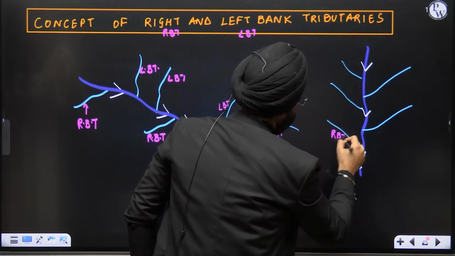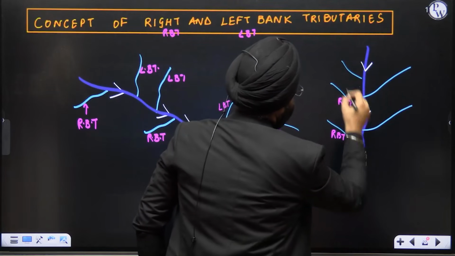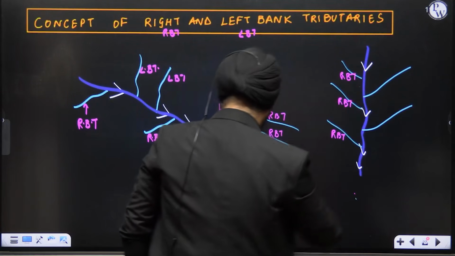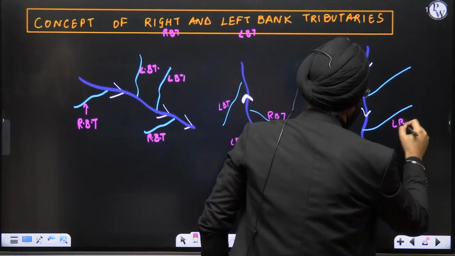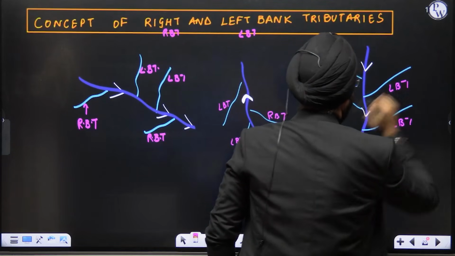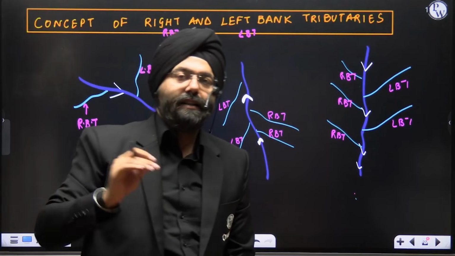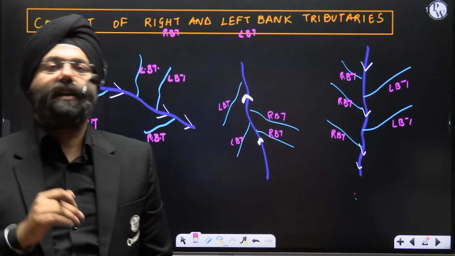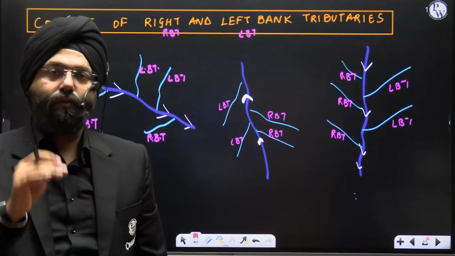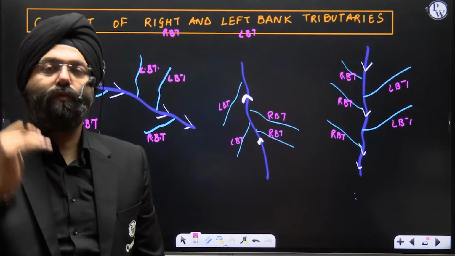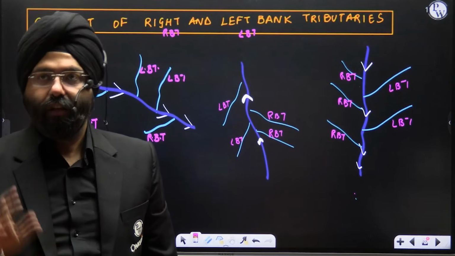Right bank tributary. Right bank tributary. On the other hand, these are left bank tributaries. So what is important here? You can understand whether a tributary is left bank or right bank only if you know the direction of flow of the main river. Only then can you understand.